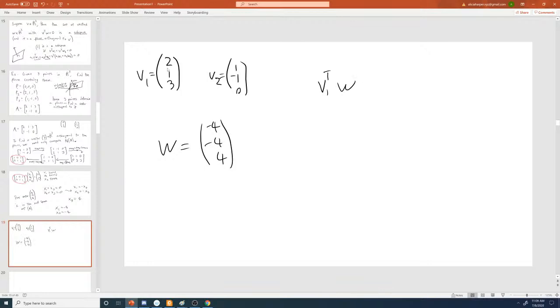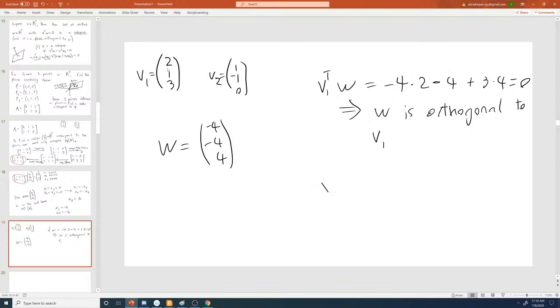I find that this is equal to -4 times 2 minus 4 plus 3 times 4, which is equal to 0. So this implies that w is orthogonal to v1.